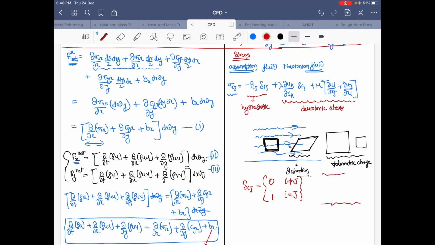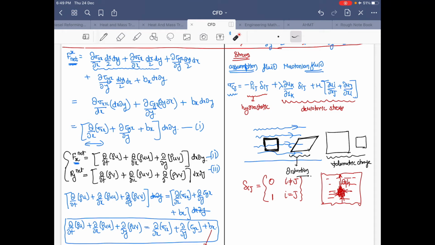Suppose the fluid is at rest, not flowing: you have a vessel with a fluid in it, and if you consider some element here, you can write the hydrostatic stress as rho g h, due to the water in this element. But when the fluid is flowing, there is also a hydrostatic force acting on the fluid element, and this is represented here.